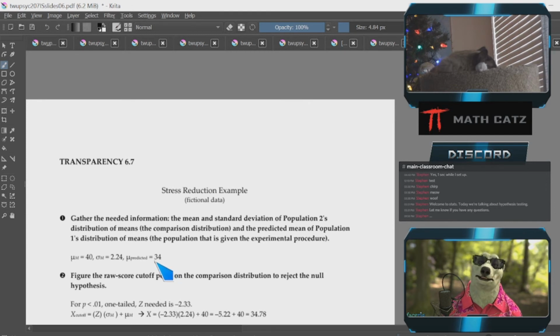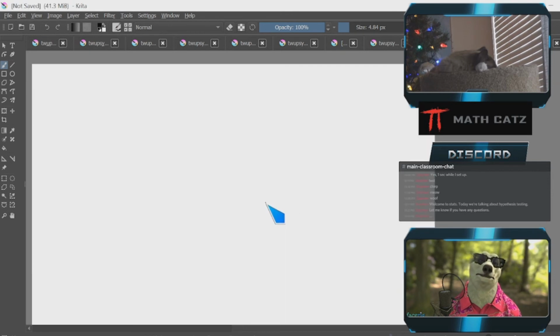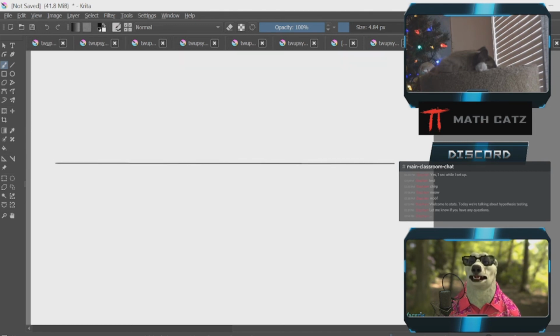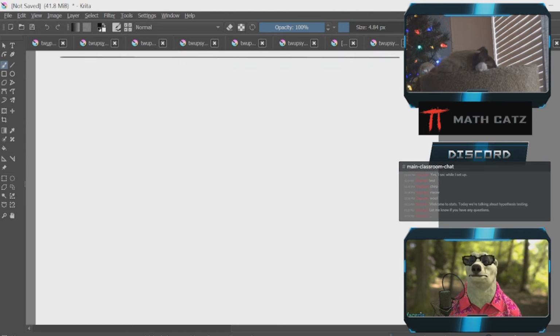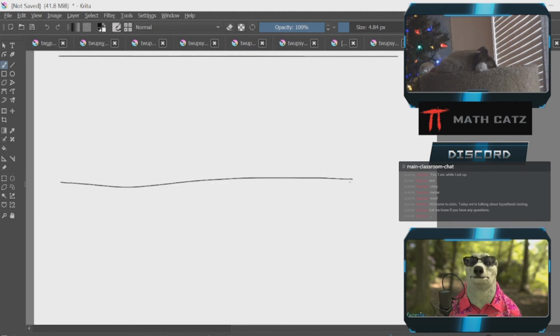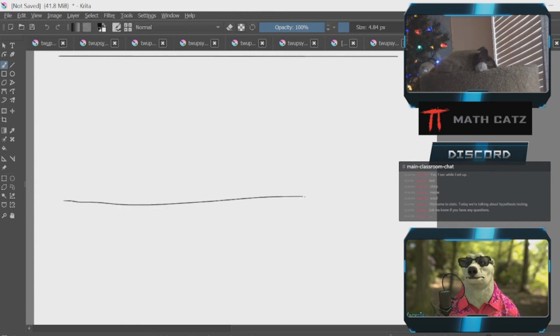So let's first visualize that. I'll draw it with you. You can draw it as well. I'm going to make space here for the shifted sample and then focus for now on the comparison distribution.